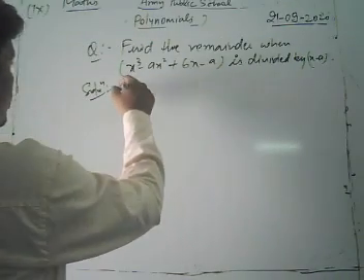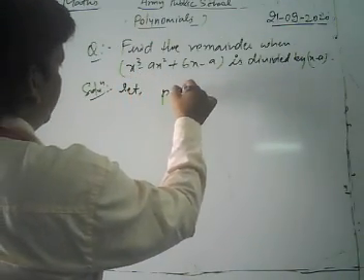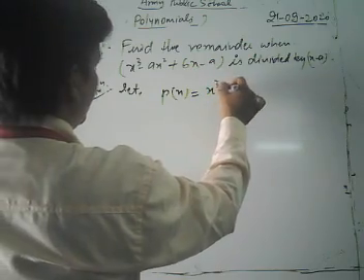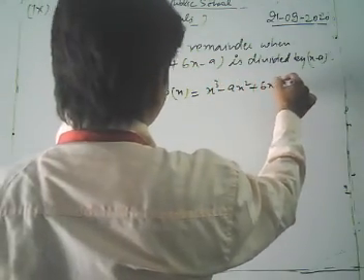First of all, let the given polynomial p(x) be equal to x cube minus a x square plus 6x minus a.